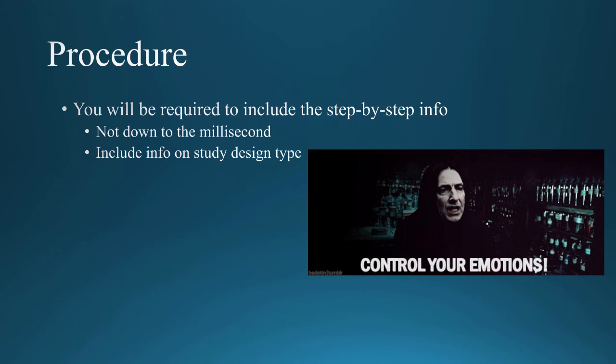In the procedure, you can also include the study design type. So a 2x2 mixed subject ANOVA or something to that effect. And then I want you to include the information on the statistical analyses that you guys had used.